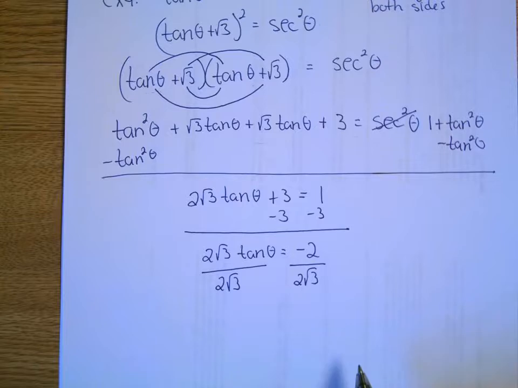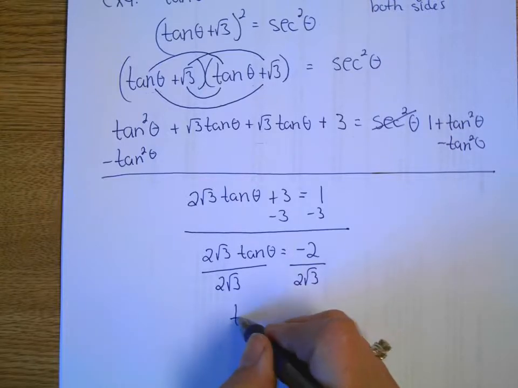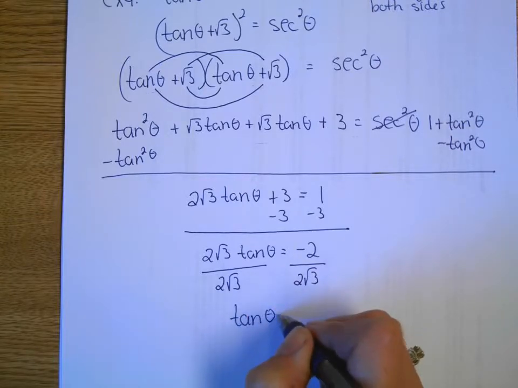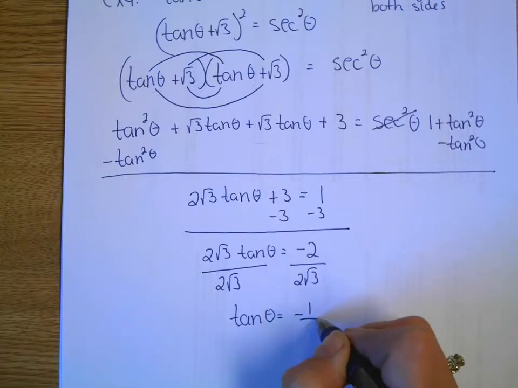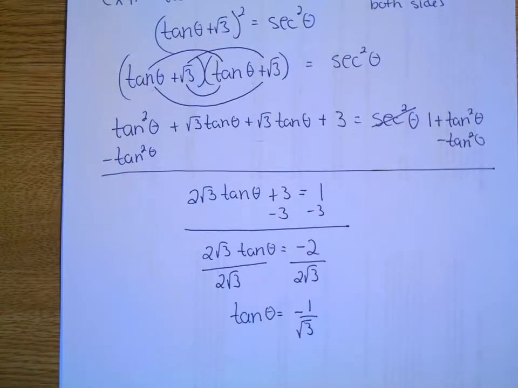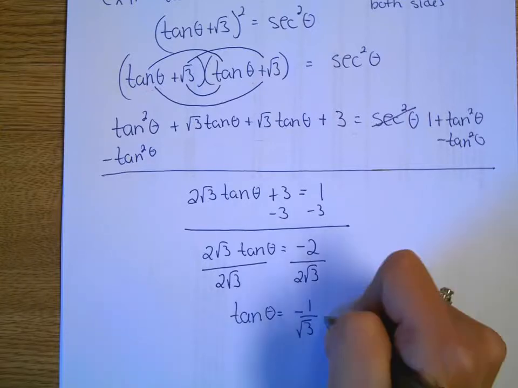We just eliminated a version of tan. So I got tan theta equals, what am I going to have here? Negative 2 over 2 square root of 3 would be negative 1 over square root of 3 when I cancel the 2's out. But am I going to find that on my circle sheet? No, you've got to hit it with a 1 to see what we're actually going to look for.